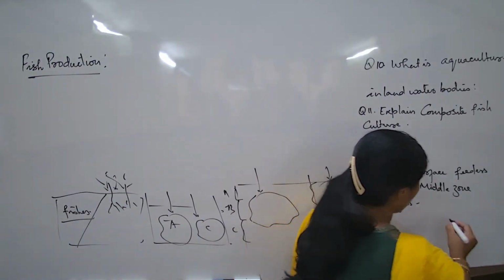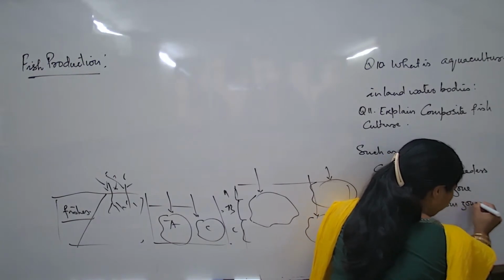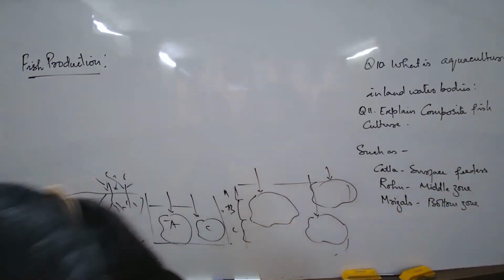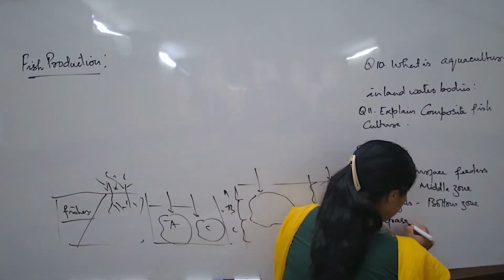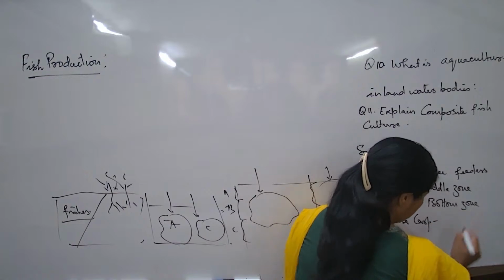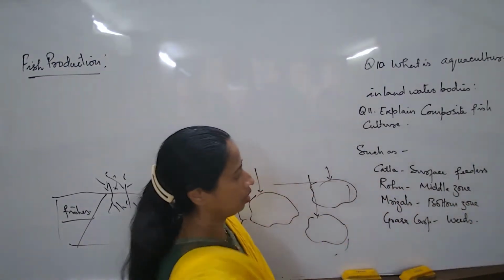Mrigal on the bottom zone of the water body. And the last is the grass carp, which feeds on weeds.